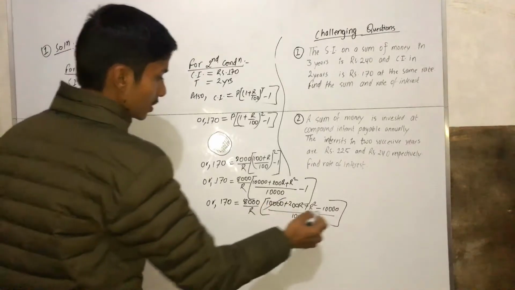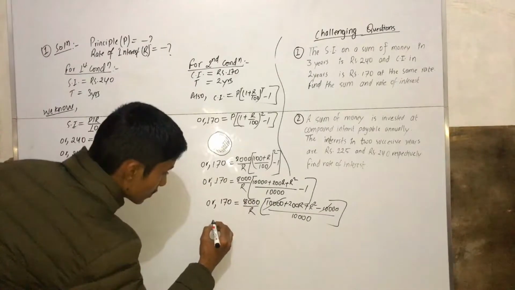Here the positive 10,000 and negative 10,000 we can cancel.